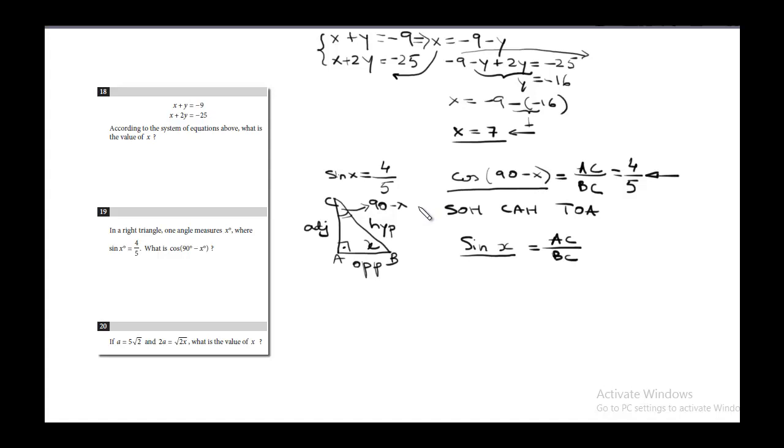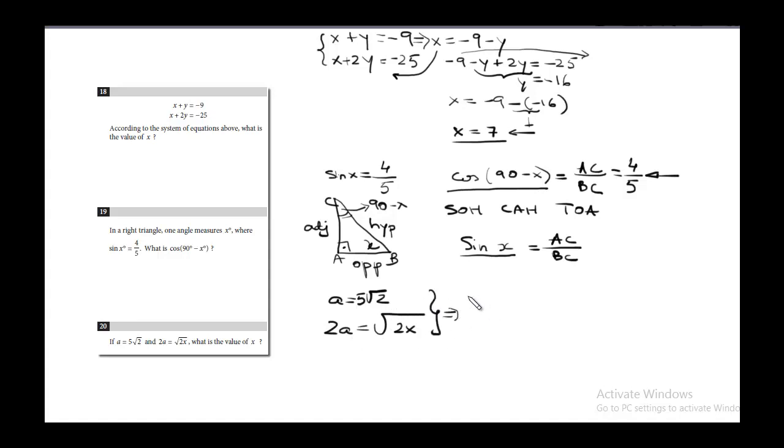And in number 20, we are given that A is 5 root 2 and 2A is square root of 2x.